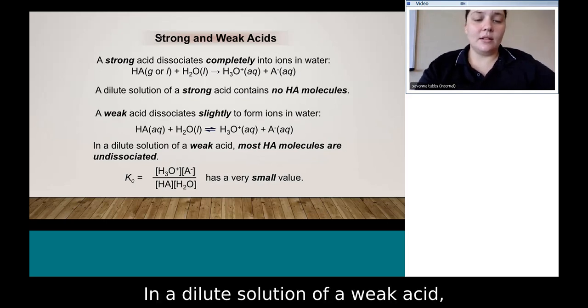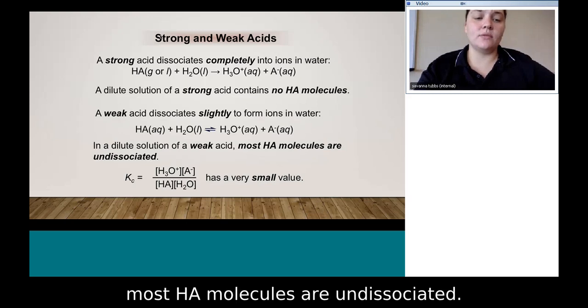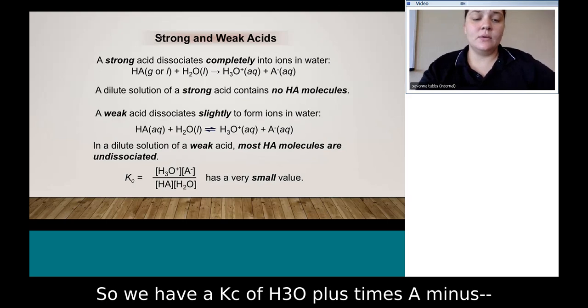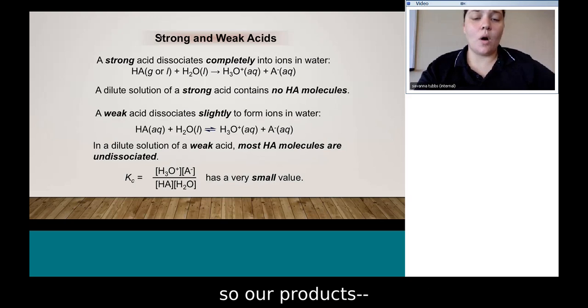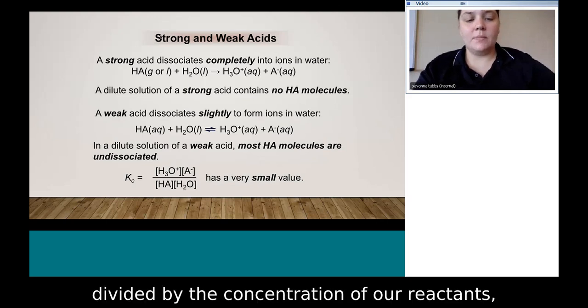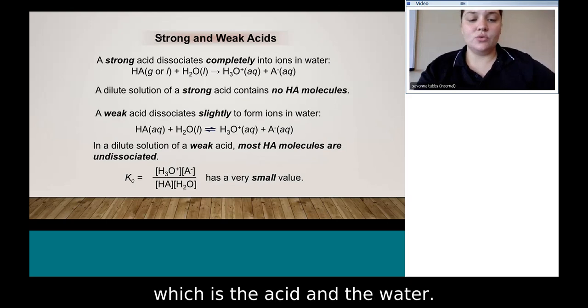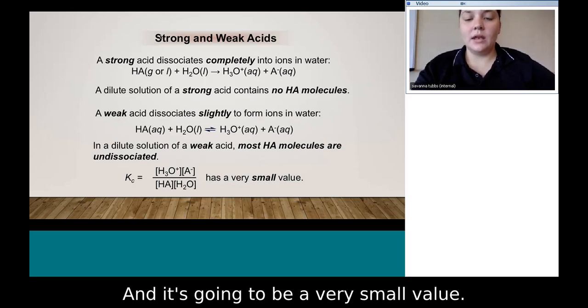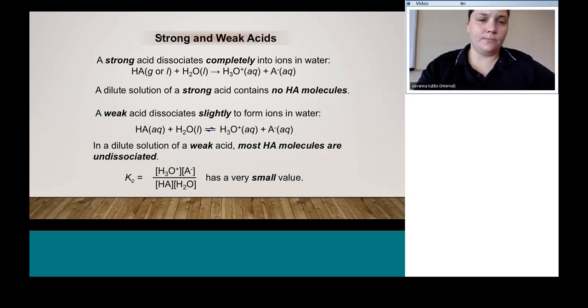In a dilute solution of a weak acid, most HA molecules are undissociated. So we have a Kc of H3O+ times A-, our products, divided by the concentration of our reactants, which is the acid and the water. And it's going to be a very small value.